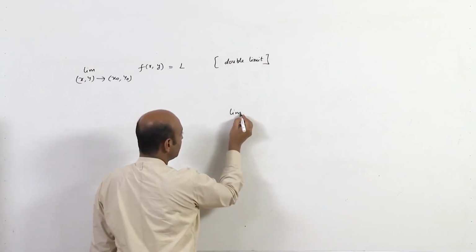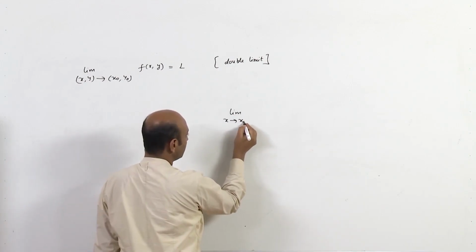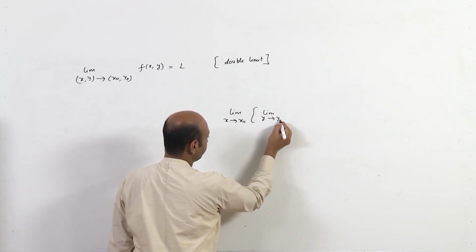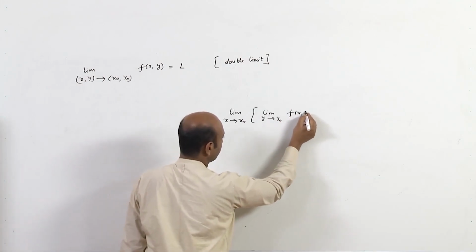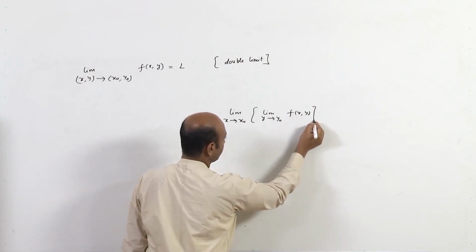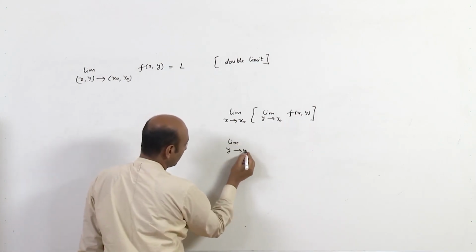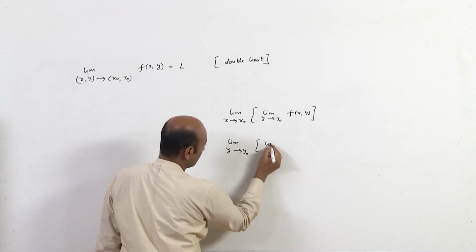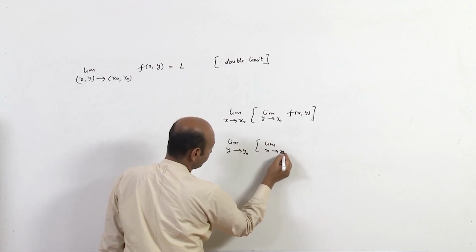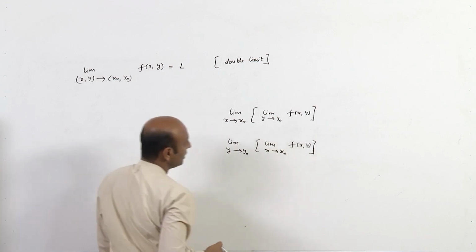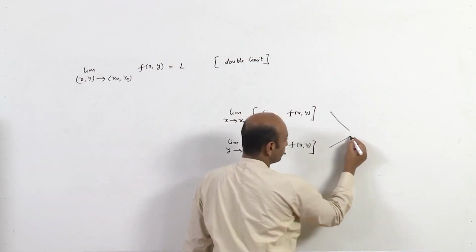Iterated limit means limit x tends to x naught of limit y tends to y naught of f(x, y), or limit y tends to y naught of limit x tends to x naught of f(x, y). These are called iterated limits.